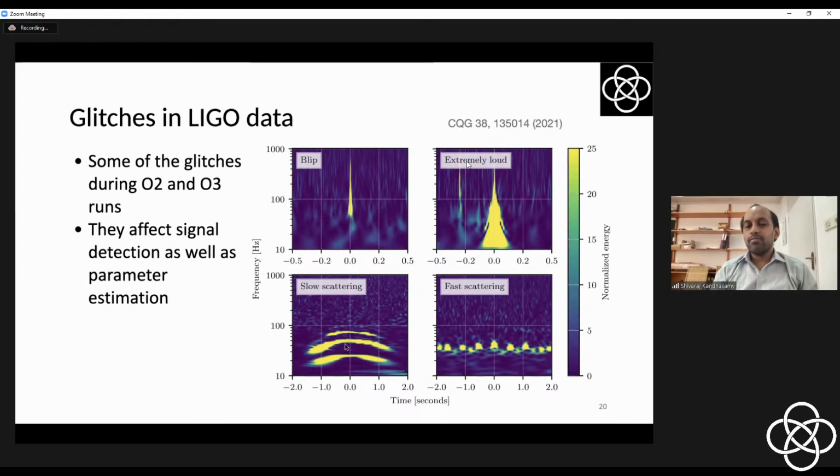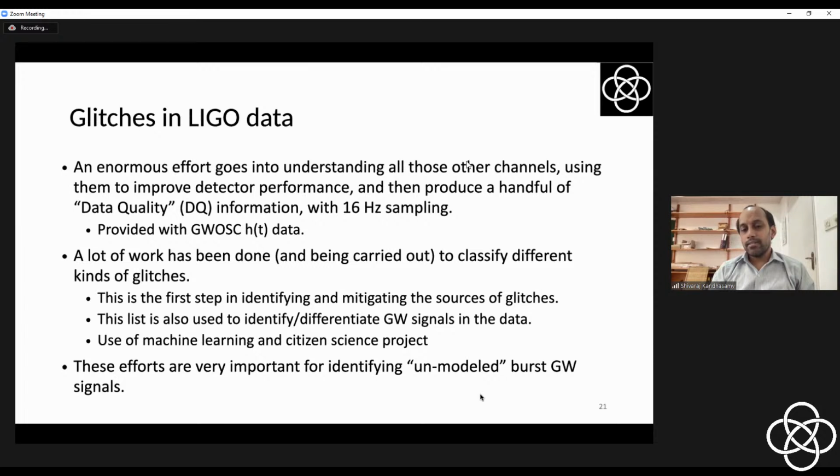So we would be confident that if we see a CBC signal and if we see something here, we can differentiate between them. But if you are looking for some unmodeled gravitational signal, we are not sure whether this is a gravitational signal or something happening in the instrument. So to detect this unmodeled burst gravitational signal, it is important that we remove all the glitches in the data.